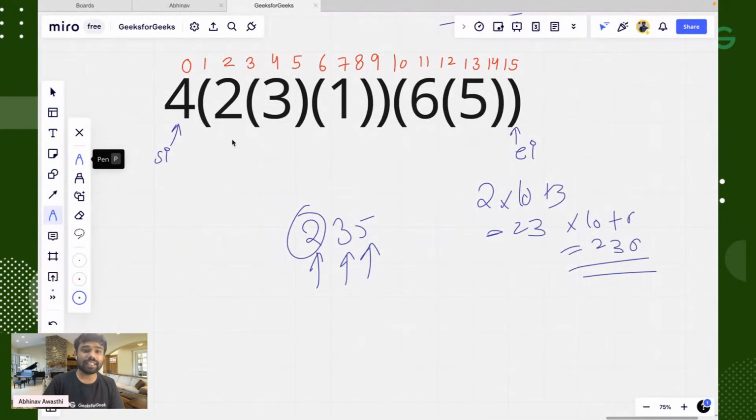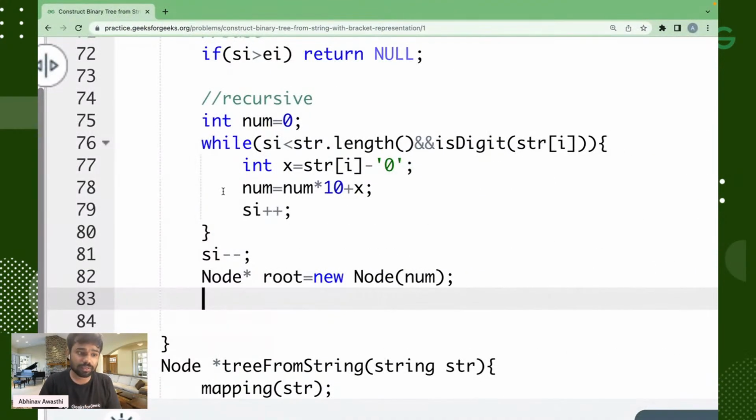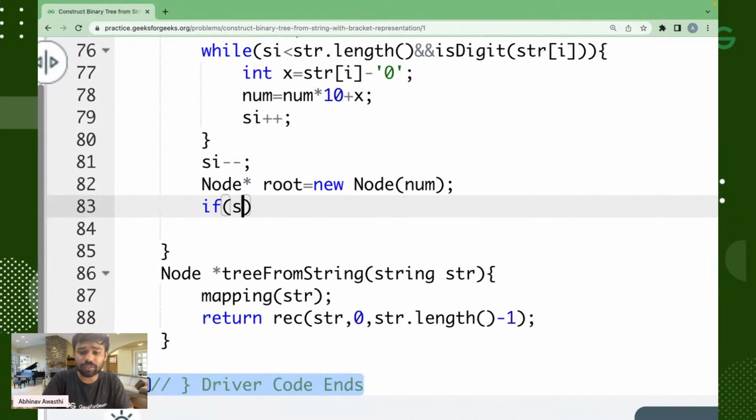After that, let's say we are at si here. Now we know that the next character is always an opening bracket, and we also have the corresponding closing bracket to it. This is the opening bracket and this is the closing bracket, nothing but si plus 1. First of all, we have to check that si plus 1 should be less than or equal to ei, that is, whether si plus 1 exists or not.